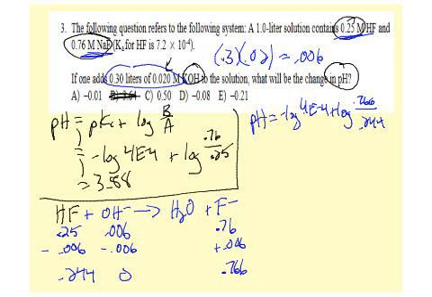Calculators assemble. Negative log 4E negative 4 was 3.397, plus log of 0.766 divided by 0.244, 3.89.